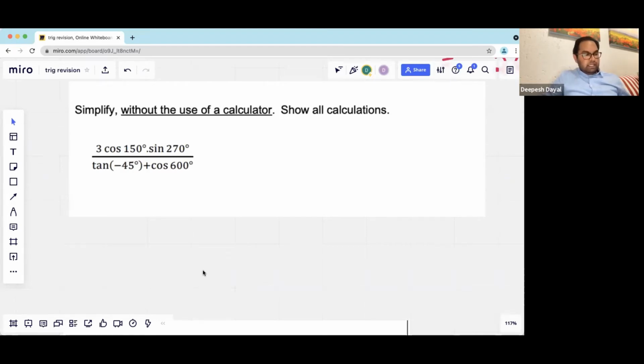You can let me know when you get something so we can all compare and learn from each other. You're going to need your special angles, either the diagram that looks like this, or your triangles with special angles. Let's try either of those.